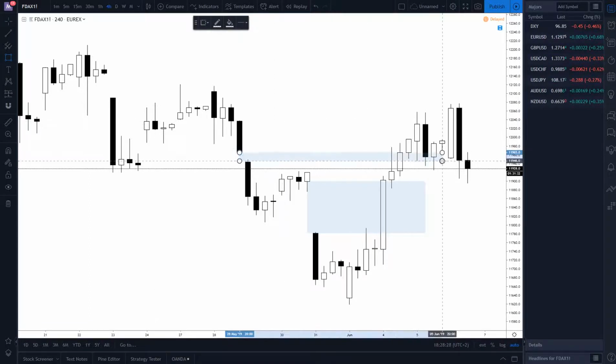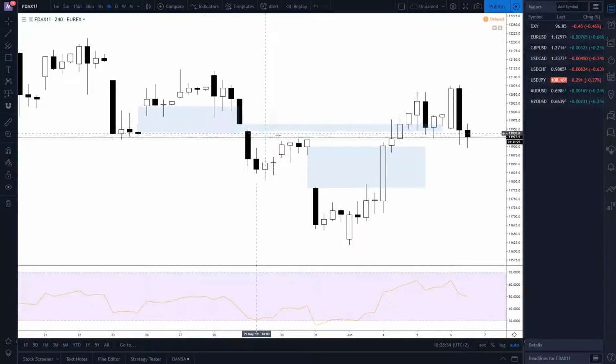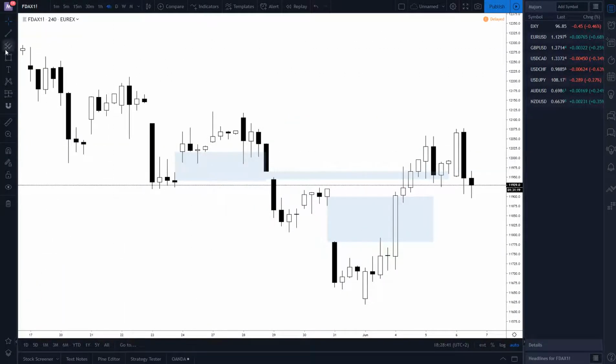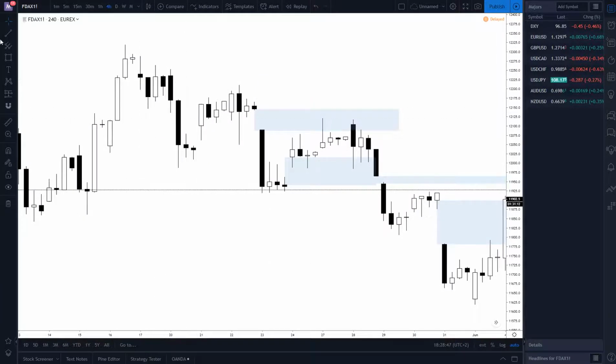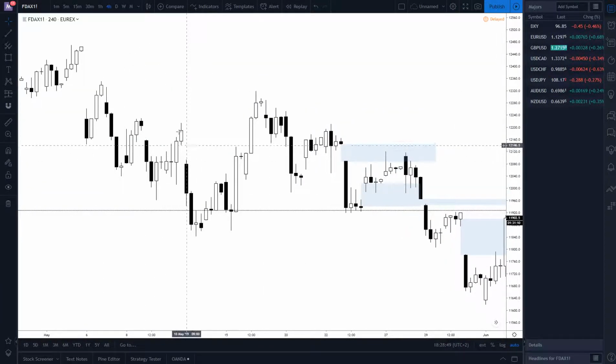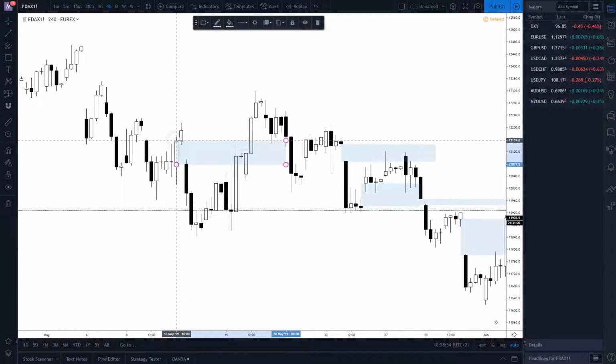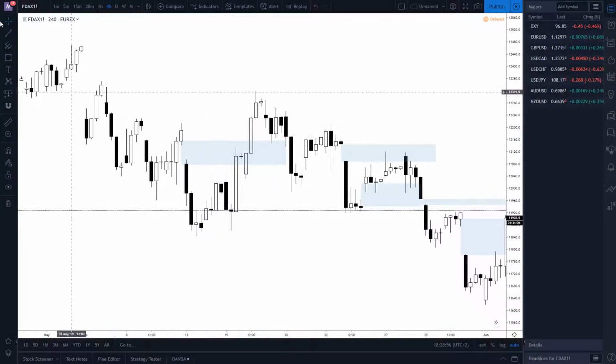These market gaps are usually seen in futures contracts, or generally in markets which close overnight. Let me just delete this RSI from the previous lessons. Since Forex is a 24-hour market, market gaps are not that common.